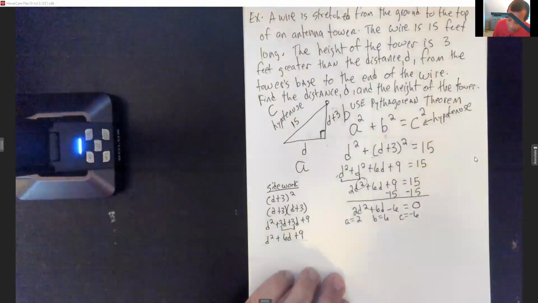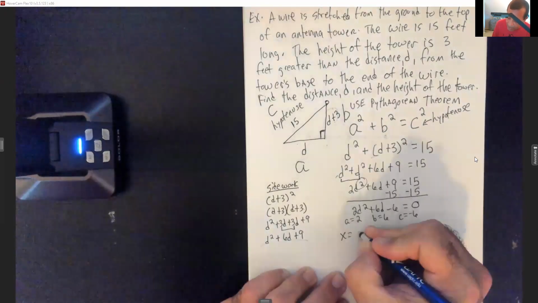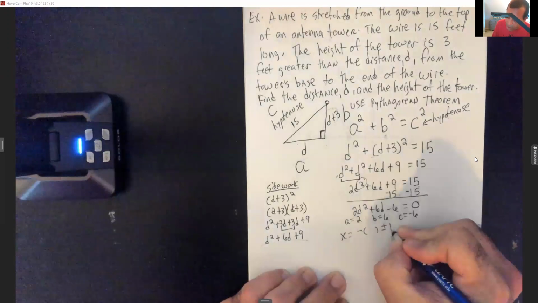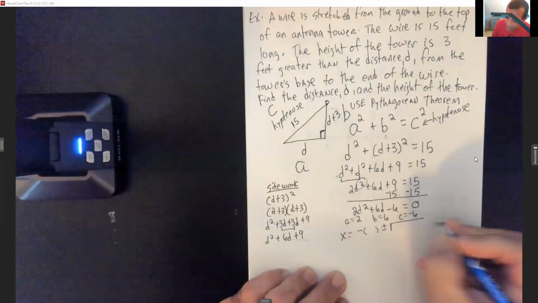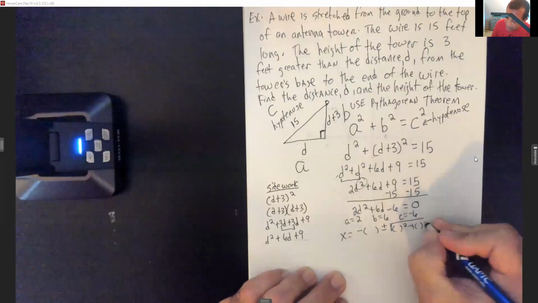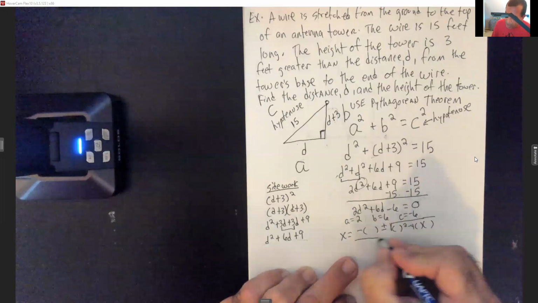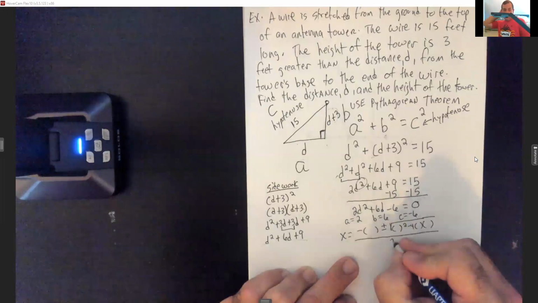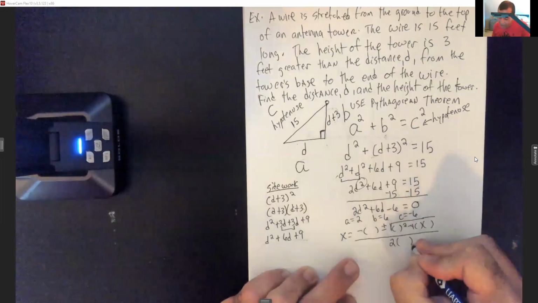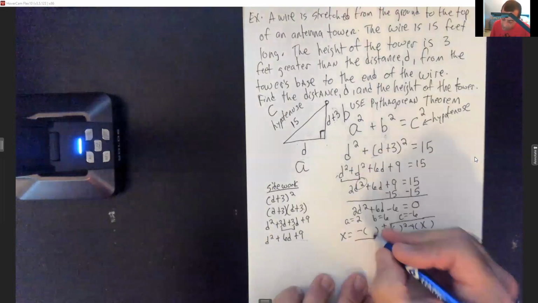All right, so here's the formula. X equals negative B plus or minus square root of B squared minus 4 times A times C. All of that's over 2 times A. All right, so I'm going to plug in my numbers now. So B was 6. So a 6 goes there and there.